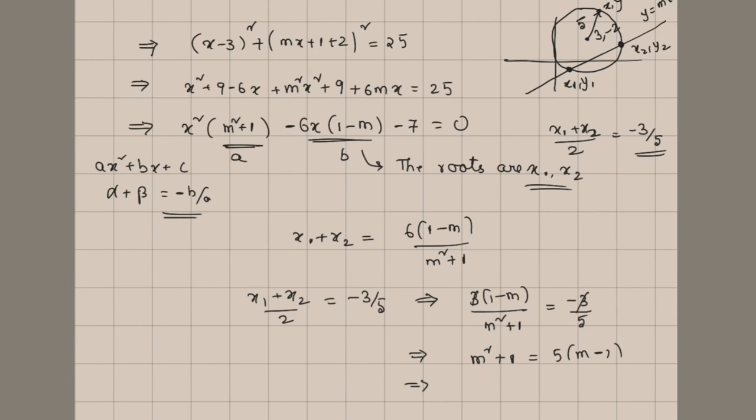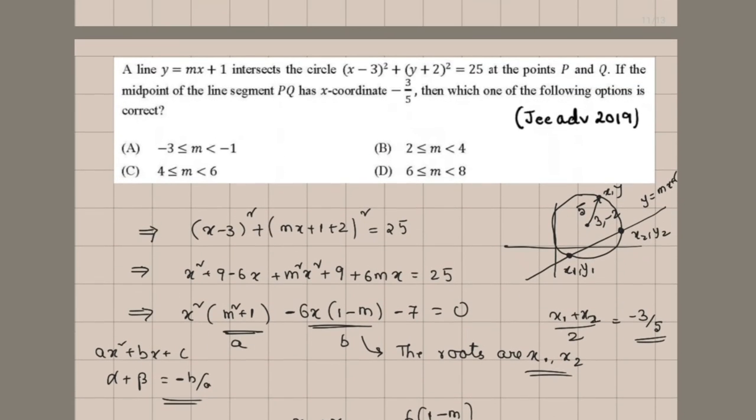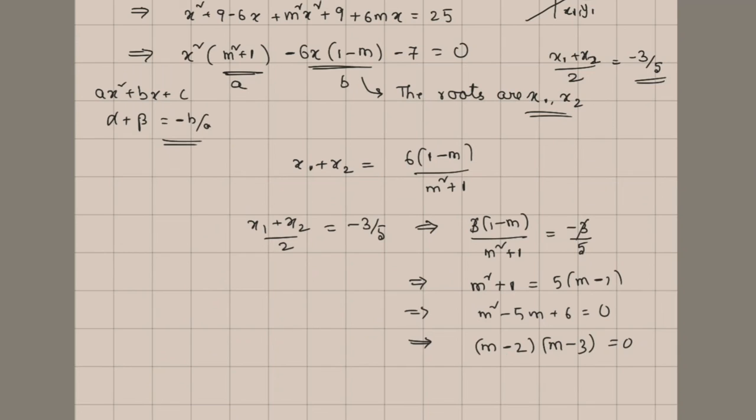So m square minus 5m plus 6 equal to 0. If we factorize this, you get (m minus 2) into (m minus 3) equal to 0. So m equal to 2 or 3.